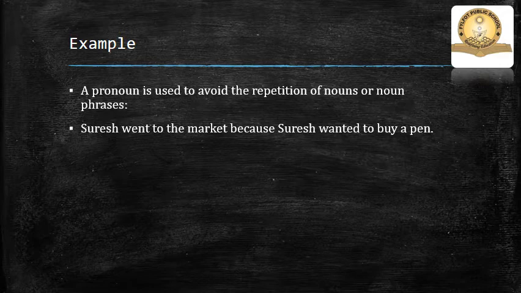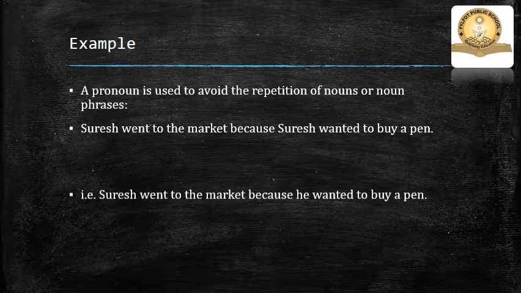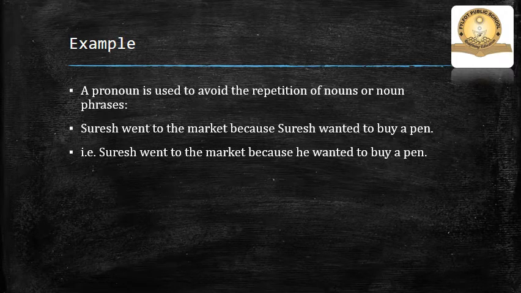Which noun? Proper noun. Suresh is being repeated 2 times. So instead of repeating it at one place, we can use a substitute of it, which is he. So instead of using Suresh 2 times, you're going to use he once. So your sentence will be, Suresh went to the market because he wanted to buy a pen.